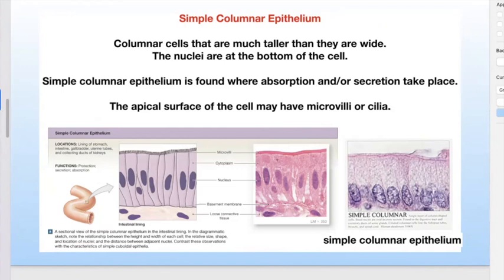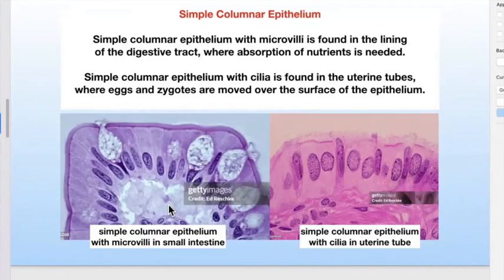Simple columnar epithelia with microvilli is found in the lining of the digestive tract where absorption of nutrients is needed. Simple columnar epithelium with cilia is found in the uterine tubes, where eggs and zygotes are moved over the surface of the epithelium.